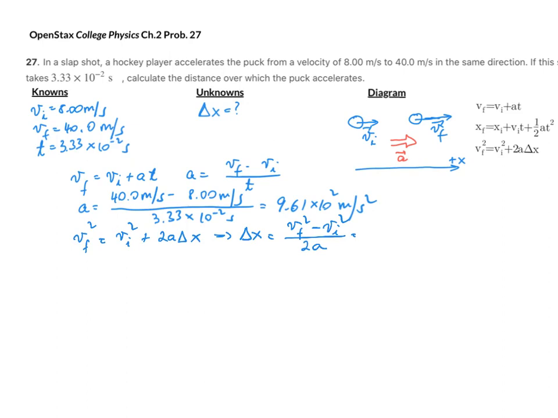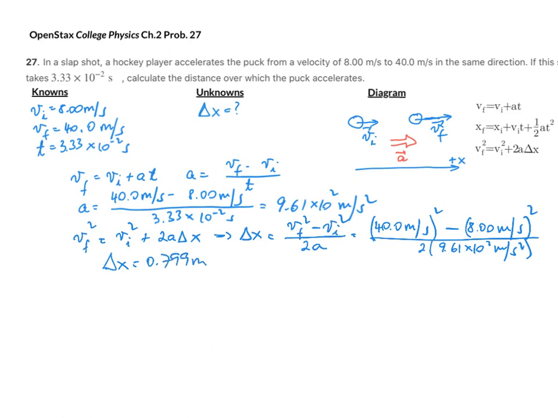So V final squared is 40.0 meters per second quantity squared, minus V initial squared, 8.00 meters per second quantity squared. Don't be tempted to subtract 8 from 40 and then square it, because it's not the same as 40 squared minus 8 squared. Divided by 2 times the acceleration, which was 9.61 times 10 to the second meters per second squared. When we plug in those numbers, we end up with delta x equal to 0.799 meters.